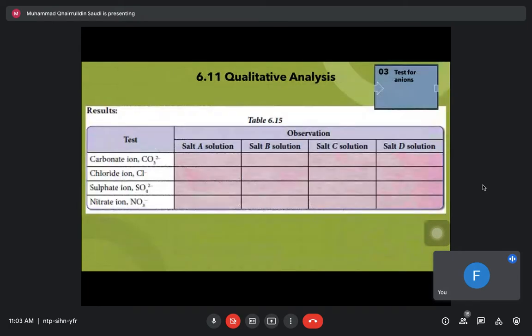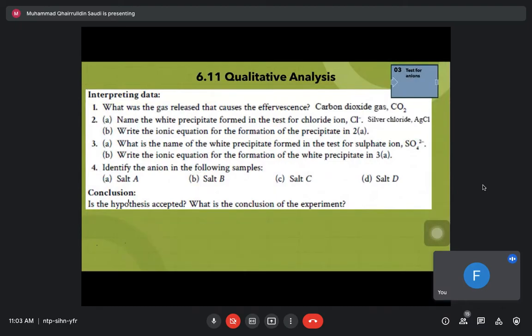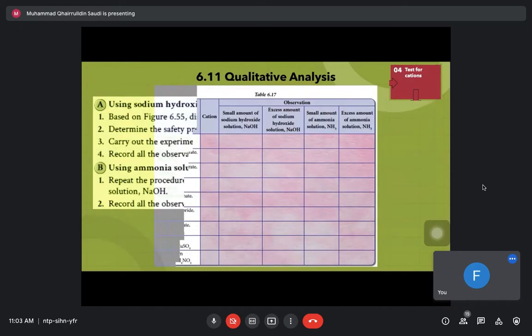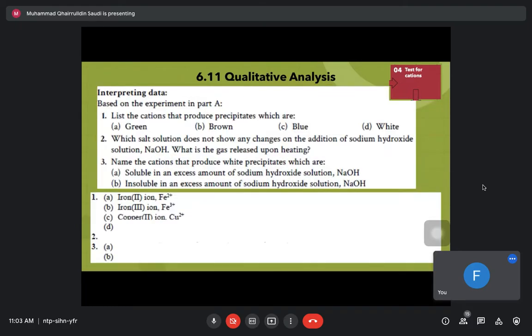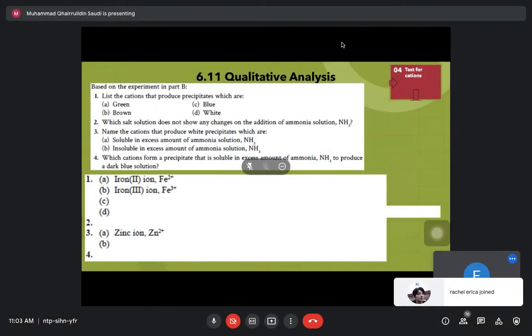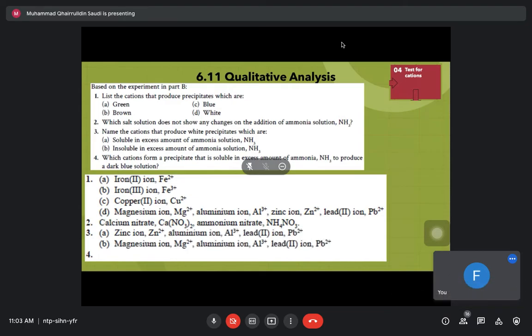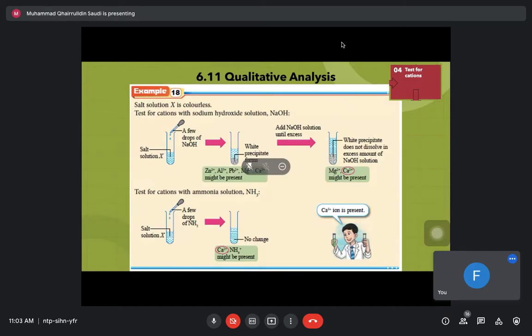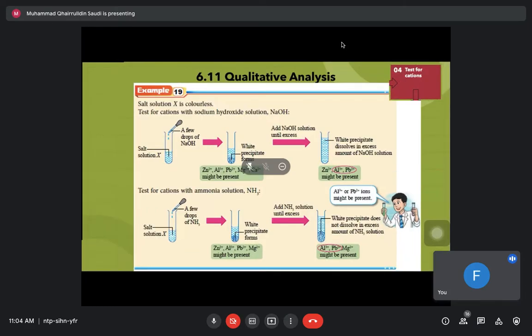Let's see the example that we have discussed for test for cation before. Okay, this is where we stopped last class, the test for cation.